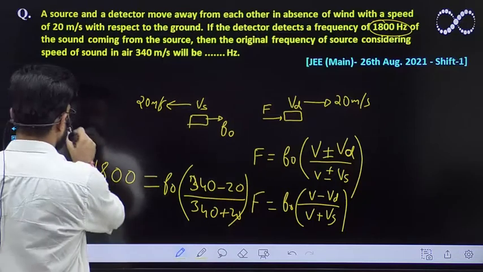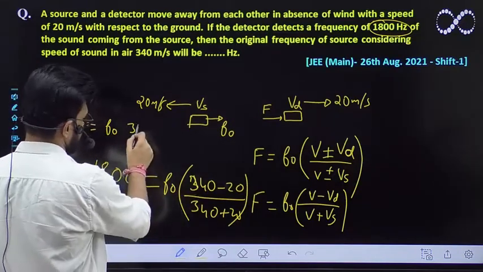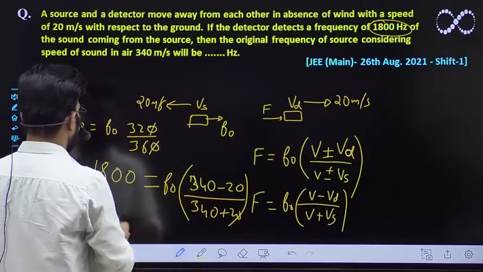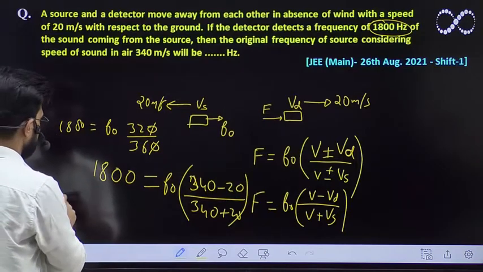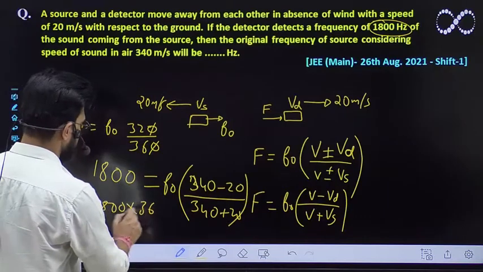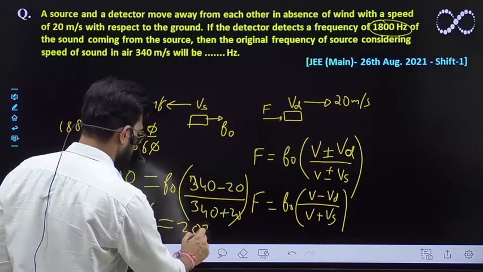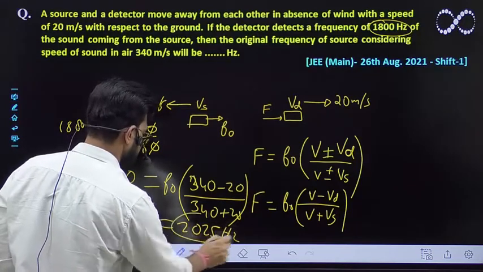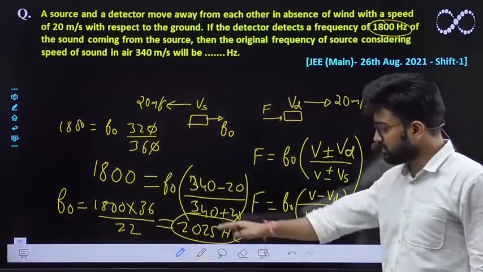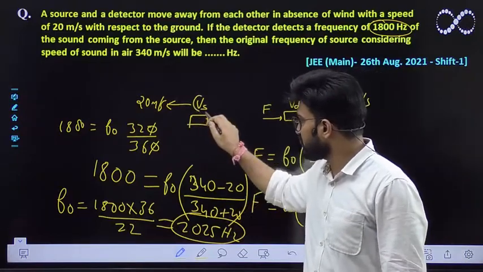So you get 1800 is equal to f0 times 320 divided by 360. Now you solve it and eventually you get the value of f0, which is 1800 into 36 by 32. Solving this, you get 2025 as your final answer. So the original frequency sent by this source was 2025.